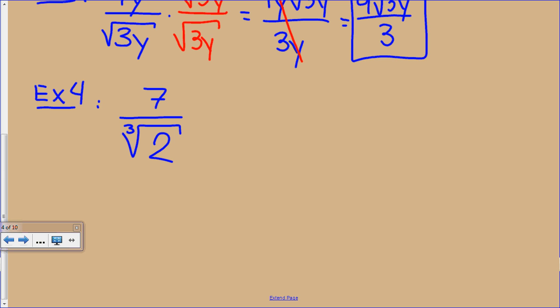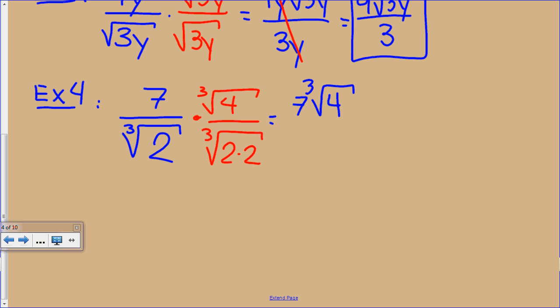How many more do I need? 2 more. Okay, so we're going to multiply by 2 times 2, which is also 4. And that is going to be 7 cube root of 4 all over just 2. Very good. So the 7 and the 2 knock each other out.